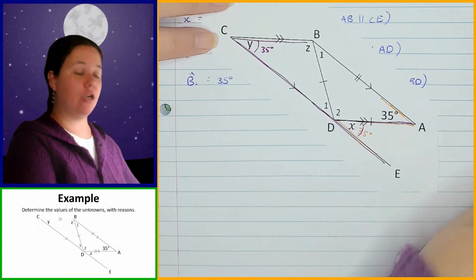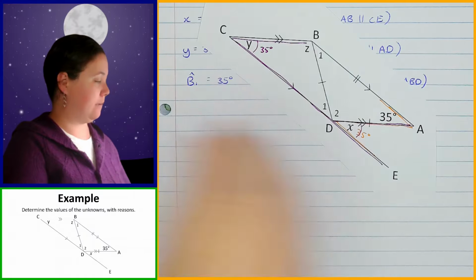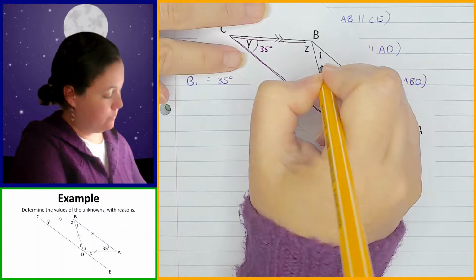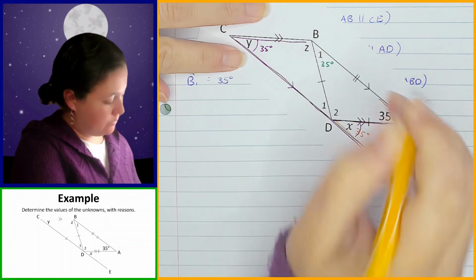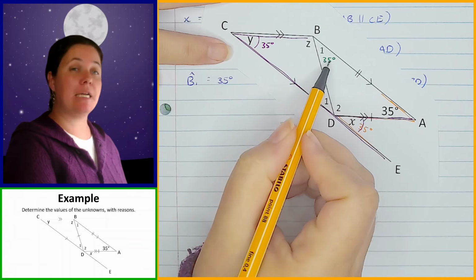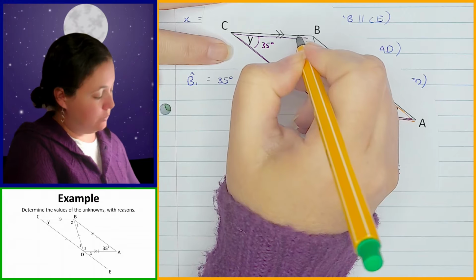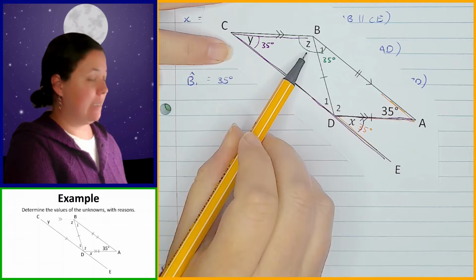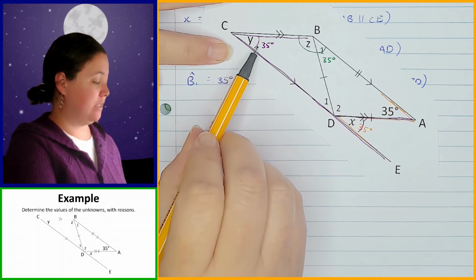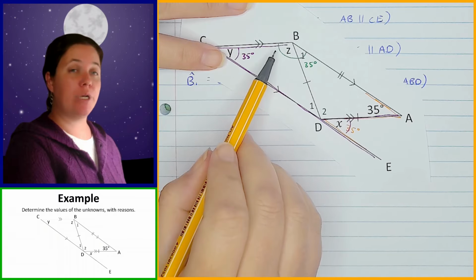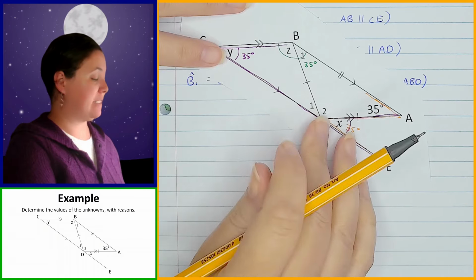Okay, so now I know that this is 35 degrees over here. Once I know that, I can use that to help me to work out Z. So this whole angle is going to be co-interior with this or with that. It doesn't really matter which one you use, but it's co-interior, which means that these angles are going to be supplementary.